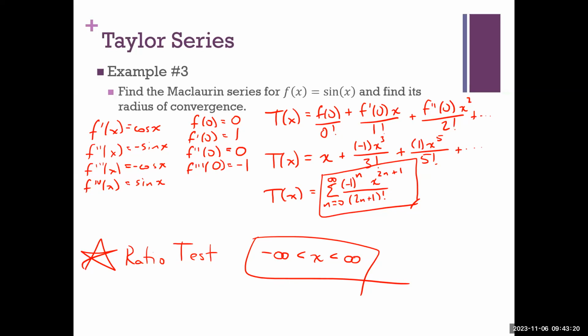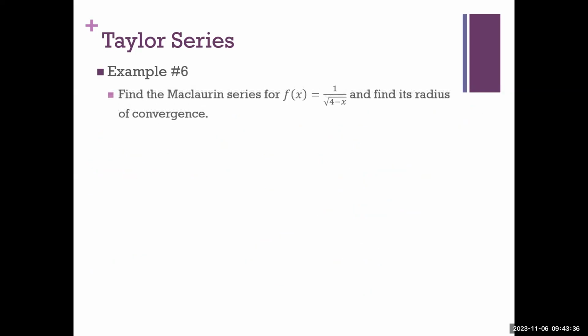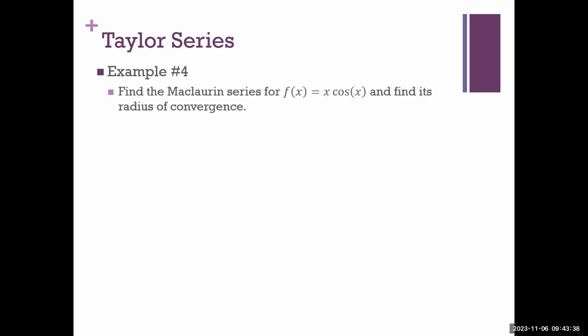Is it that all such series are going to be all real numbers? I don't know if I want to say that. There are some that will not behave the way you think. I think this one converges. I think this one does not converge everywhere, but we'll have to find out.